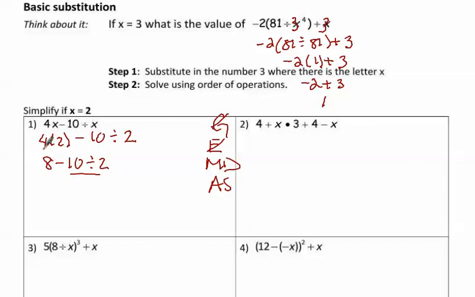And then 10 divided by 2 is 5. I'm going to add and subtract left to right. 8 minus 5 is 3. In problems like these where there's a lot of work, please remember to circle your answers.